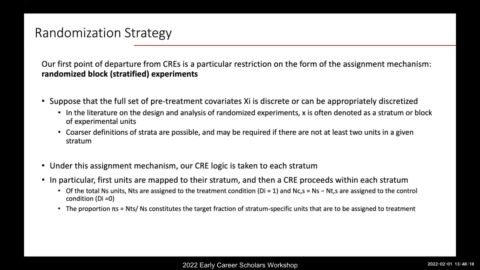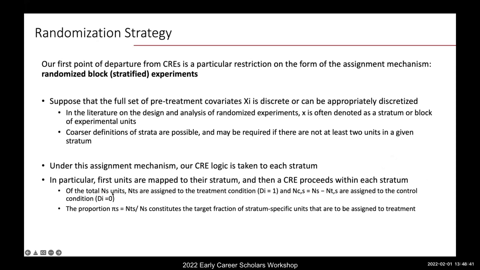What we do when we do randomized block experiments is to simply take our CRE logic to each stratum. So first we're going to map units to the respective stratum, and then we are going to do a complete randomization within each stratum.